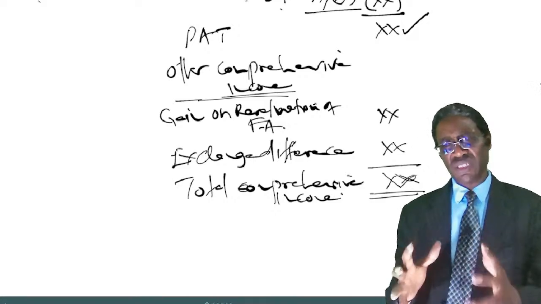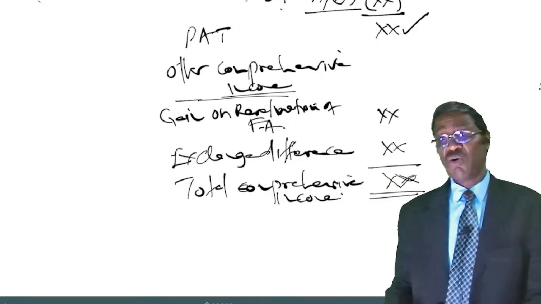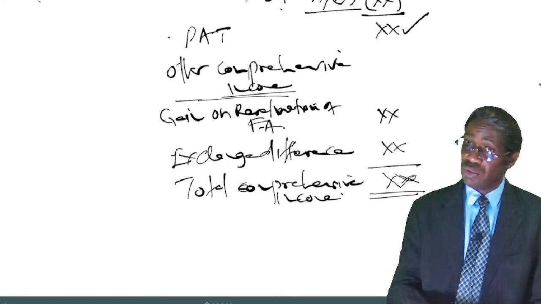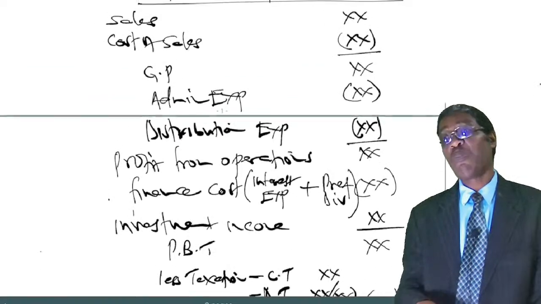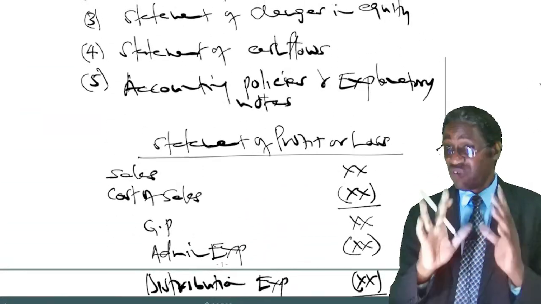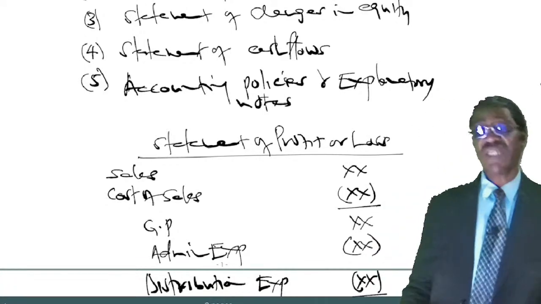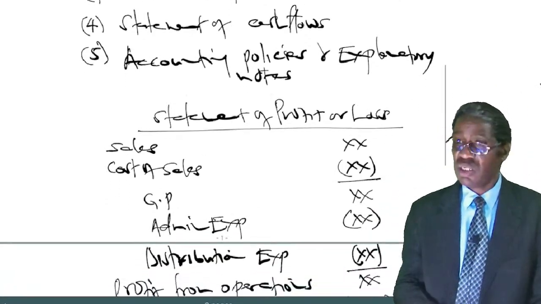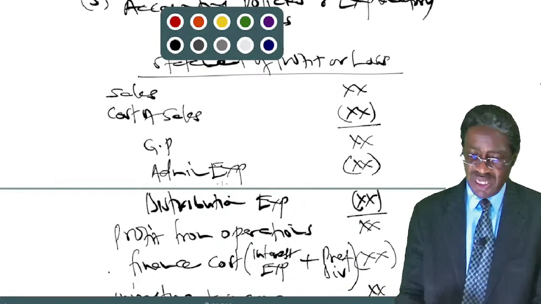So listen, I've reminded you, very fast, how to prepare an income statement for publication purposes. One key point I've said: bring in the sales.